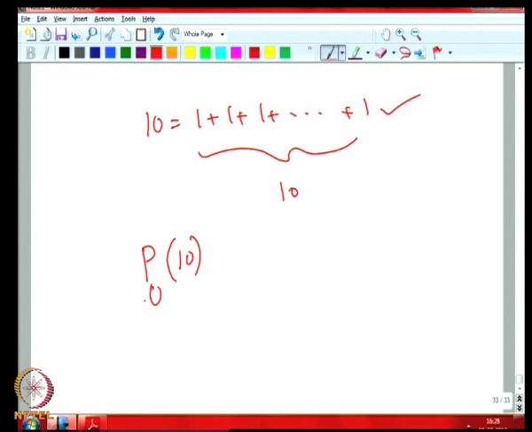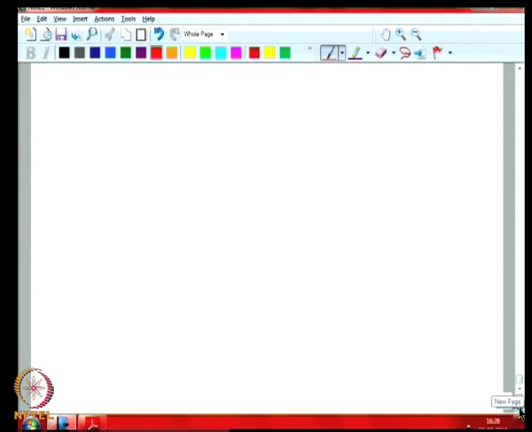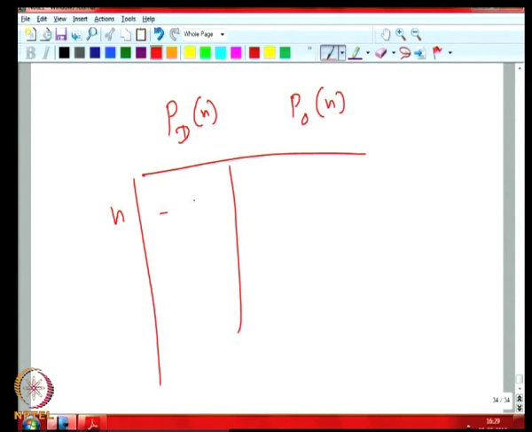So in general we are interested in PO of n. An interesting observation can be made if you work with small examples. For instance, try with some numbers 1, 2, 3, 4 like that up to 10, and count. Make a list of these values PD of n and PO of n, make a table. For each n you just list down what this value is, what that value is. You will see that both are the same.